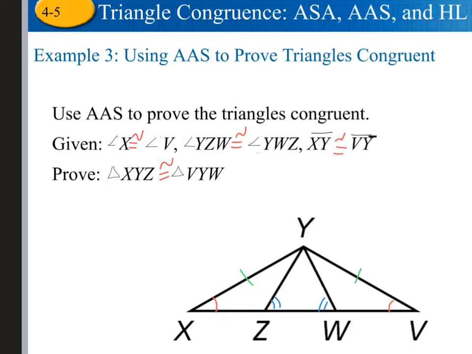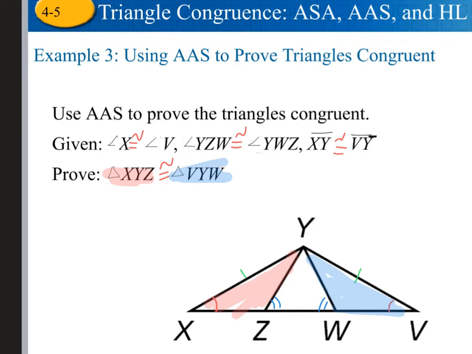And so why don't I shade those in? I'm going to shade in XYZ. So this is XYZ. I want to show that that is congruent to VYW.